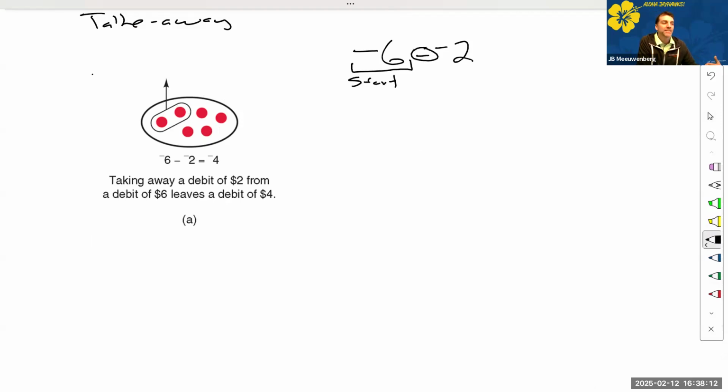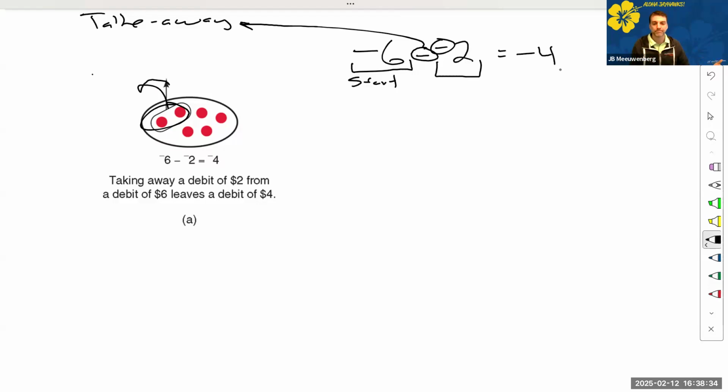This symbol means take away, if we want it to. That's how we want to picture it. And then we're taking away this many negative chips. And since they're all red, we have 2 negatives that we can remove. So we take those out and we see what's left. And we can see that it would be -4.